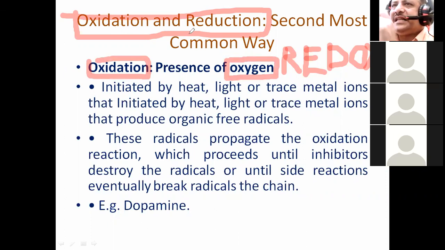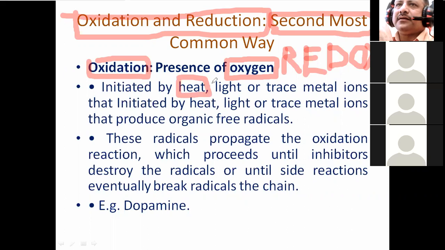This oxidation and reduction are the second most common way of chemical degradation of a product or the drug molecule. Oxidation and reduction are initiated by a catalyst such as heat, light, or the traces of metal ions.